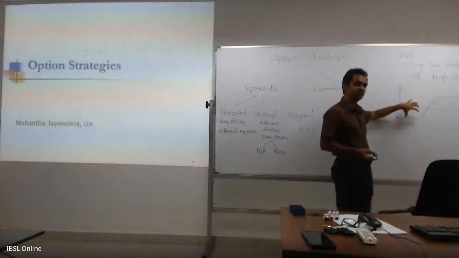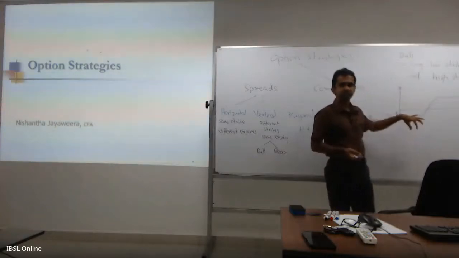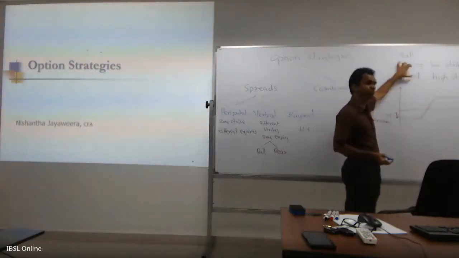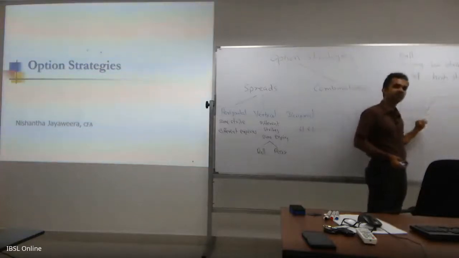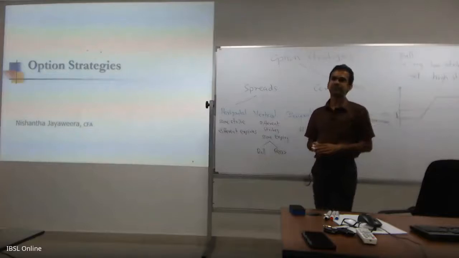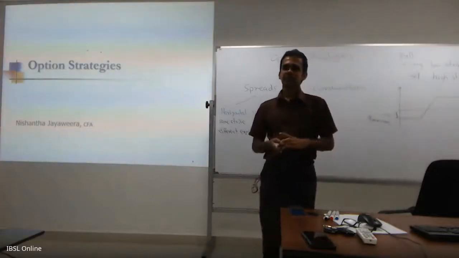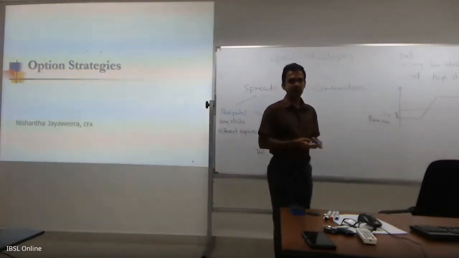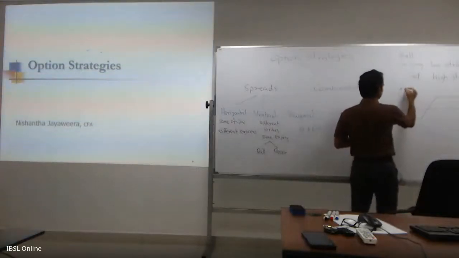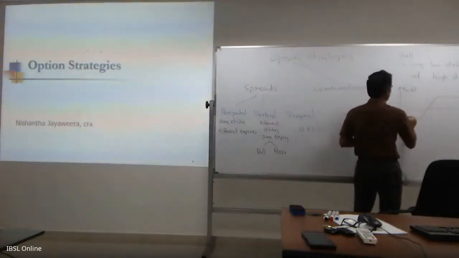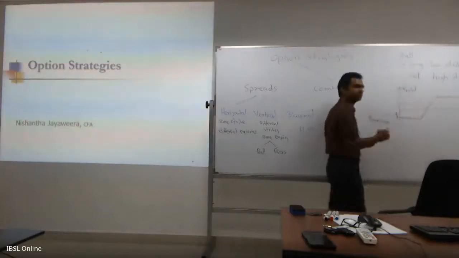But when you combine it with the payoff of these two options, the shape of the profit diagram would be the same. Payoff diagrams may be different, but the ultimate result, the profit diagram, would have the same shape.